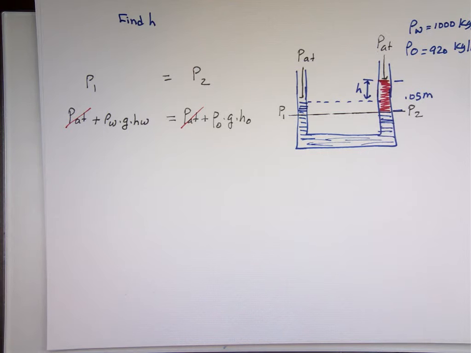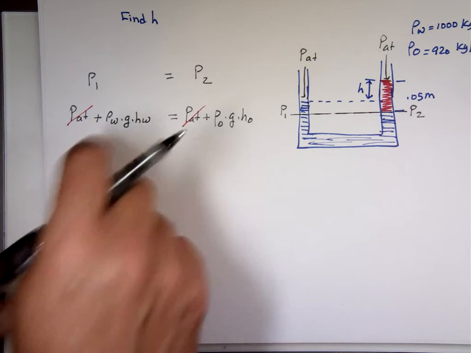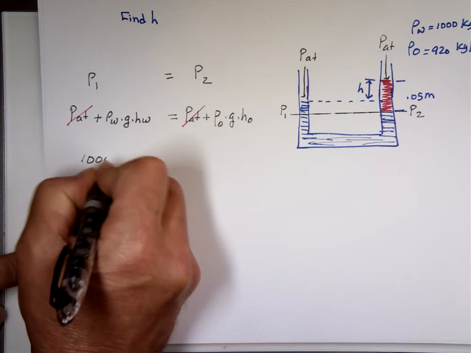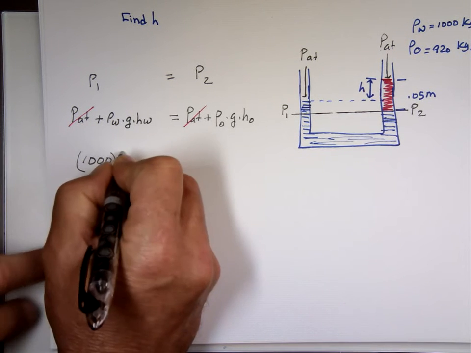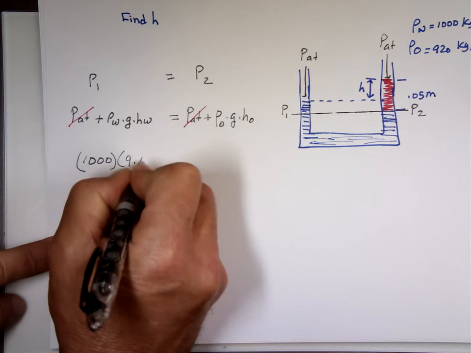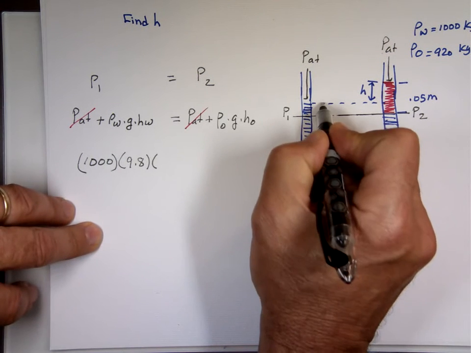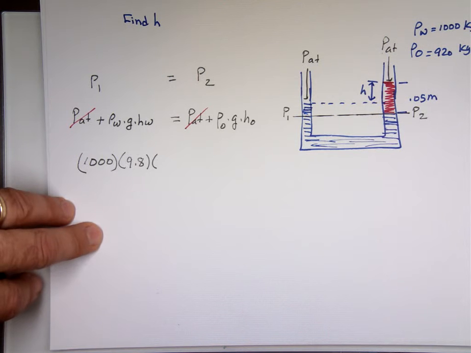So what's left is rho for water, which is 1,000, times gravity, 9.8, times the height of the water. What is the height of the water? What is the distance from here to here? What do you think?